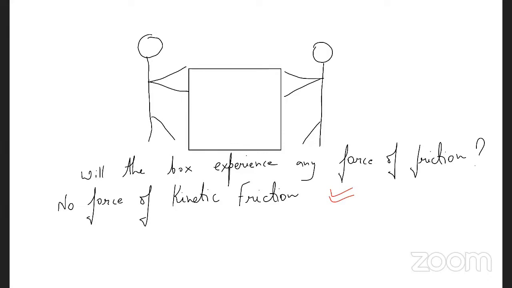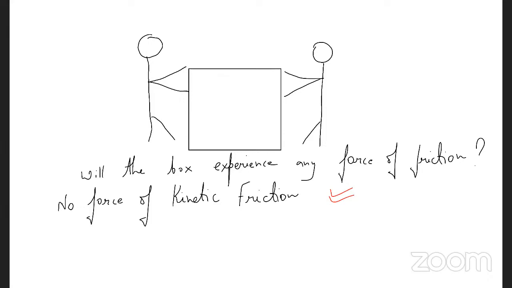But this force is applicable only if the box is stationary, and the force that both the boys are applying is not sufficient to overcome the static friction. If the force is sufficient, the box will start moving, static friction ends and kinetic friction will come into play.